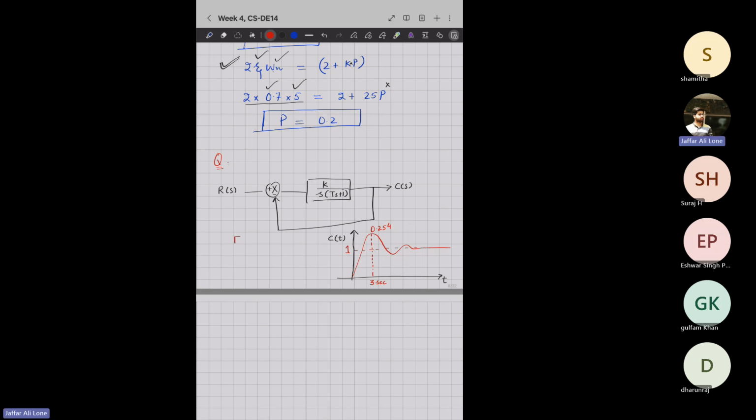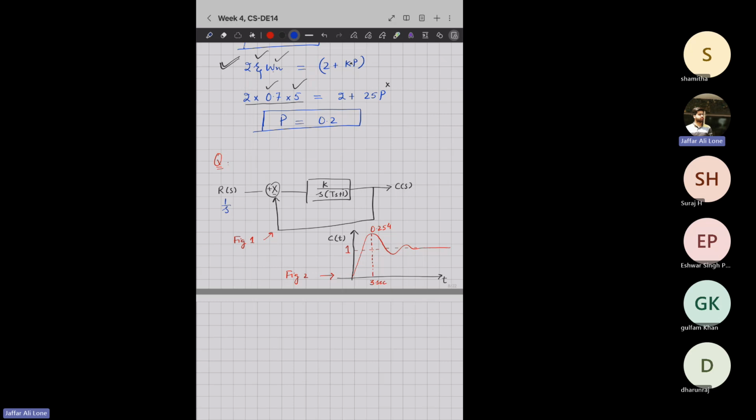This is my figure 1 and this is my figure 2. When we give a unit step, R(s) as 1 by s, the response looks like what is given in figure 2. Now, what is being asked? Determine the value of K and T from the response curve. We have to find the value of K and the value of T.